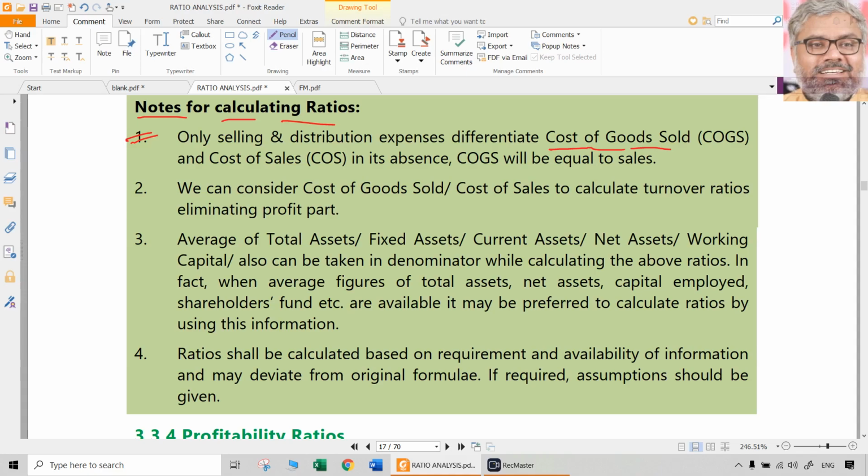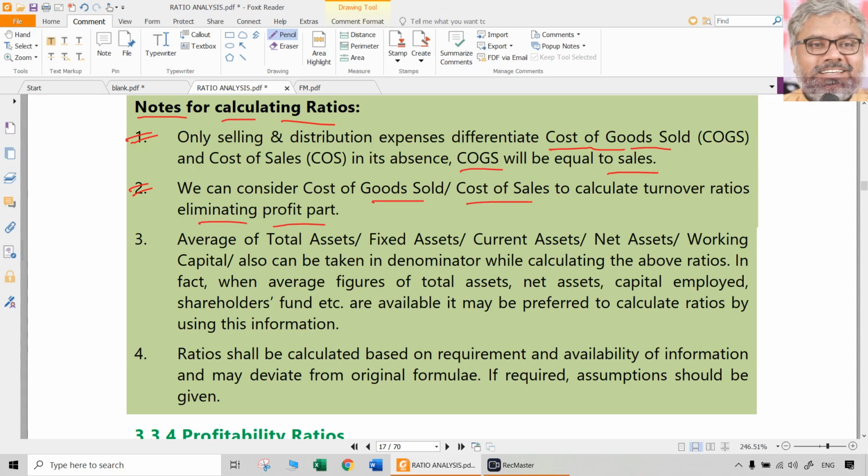Normally, in case of a difference in the data that is available, cost of goods sold will be equal to cost of sales. So cost of goods sold, cost of sales, whatever you want to take, depending upon the situation, that can be taken, no problem. So when we consider cost of goods sold or cost of sales, why are we doing that?